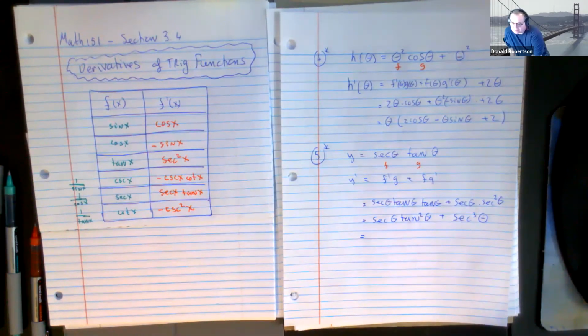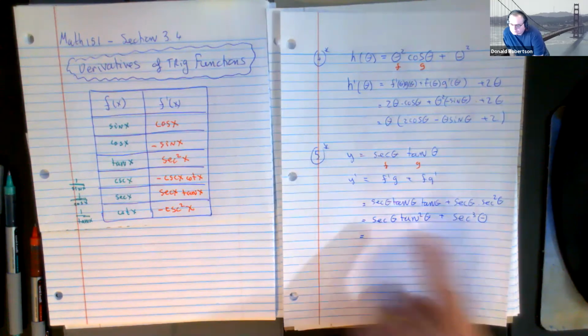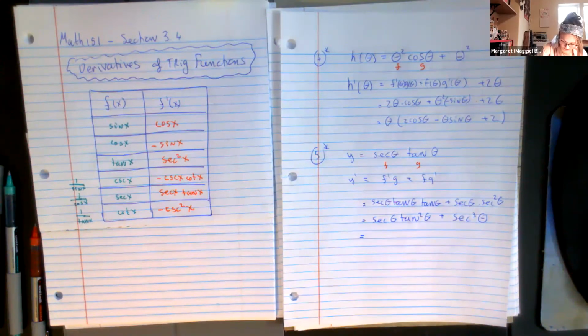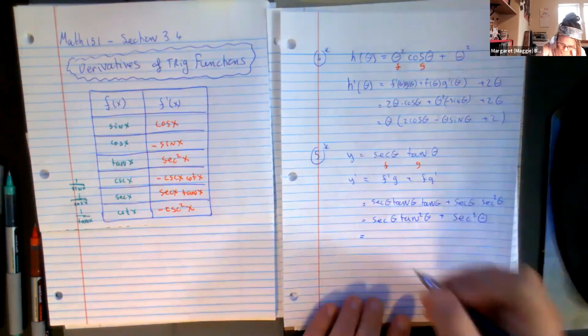Okay, time for style points. Is there anything you can do here to make it a little bit prettier? Could you factor out a secant theta? I would.